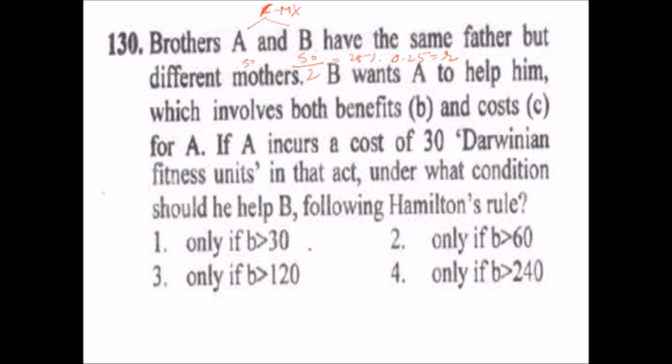We know that to follow Hamilton's rule, R times B should be greater than C. Here the cost is 30, so B should be greater than C by R. C is given as 30 and R is given as 0.25, and when you calculate this, you will get B should be greater than 120. So the answer will be number 3.